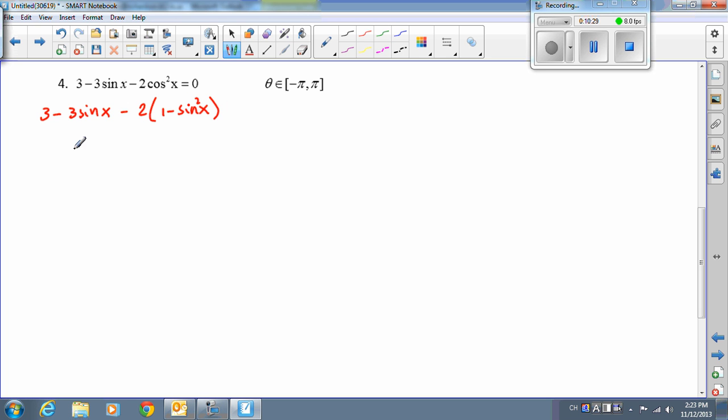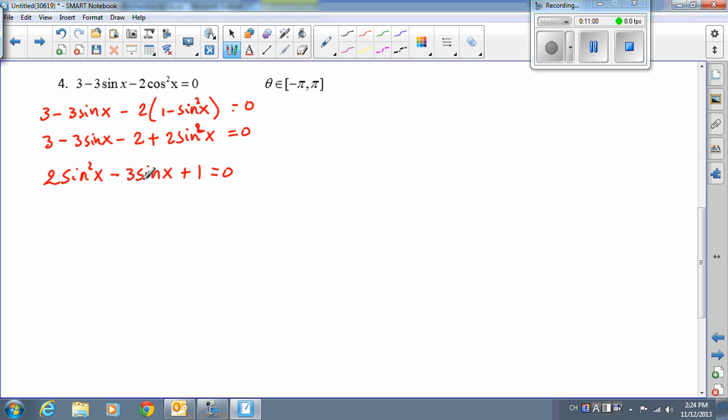Now if I distribute this negative 2, I get 3 minus 3 sine x minus 2, but plus 2 sine squared of x. I will rearrange it and write it in order from decreasing power. That's 2 sine squared of x minus 3 sine x plus 1. And this is equal to 0, of course.